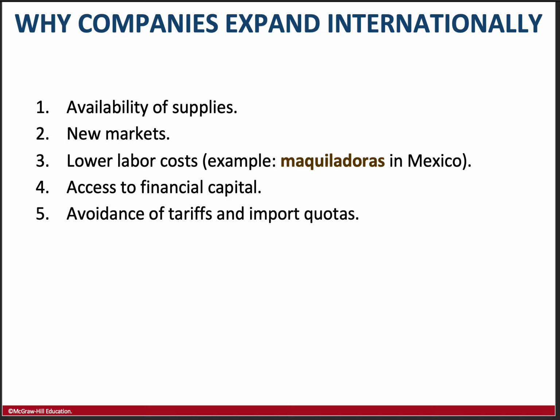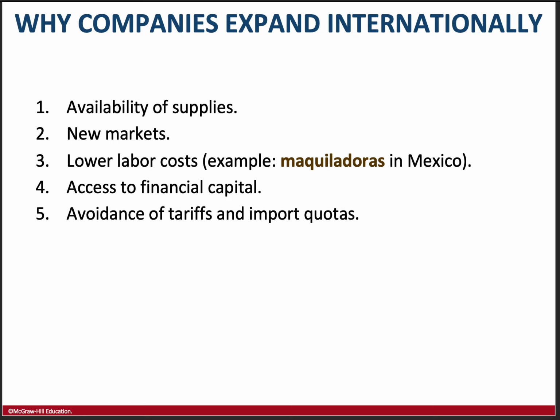In Mexico, you have the maquiladoras, manufacturing plants that allow people to operate in Mexico with special privileges in return for employing Mexican citizens.